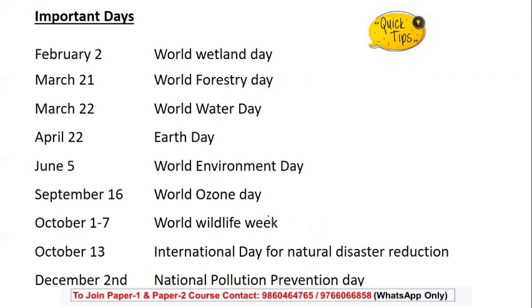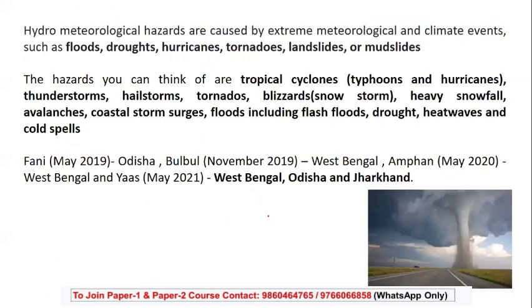Okay. Now, next is hydrometeorological hazards, which is again an important topic seen in the papers. It is caused by extreme meteorological and climate events. Now what are these hydrometeorological hazards? They come in the form of floods, droughts, hurricanes, tornadoes, landslides, or mudslides, typhoons, or blizzards, that is heavy snowfall, avalanches, or floods including flash floods.